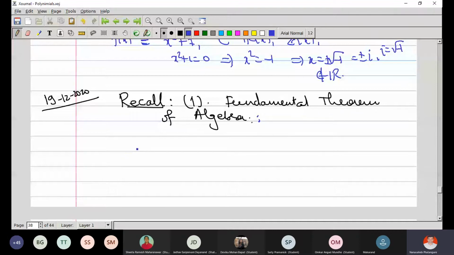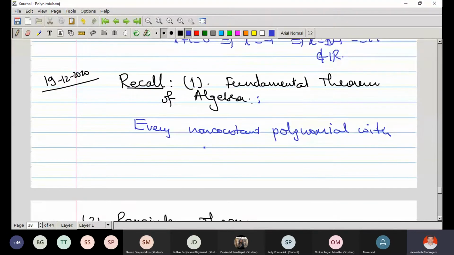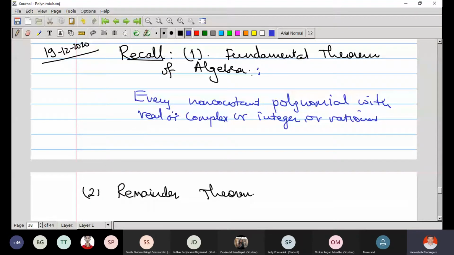Every non-constant polynomial with coefficients, whatever coefficients you take, real or complex or integer or rational or irrational, has a root, or all roots are in the set of complex numbers.